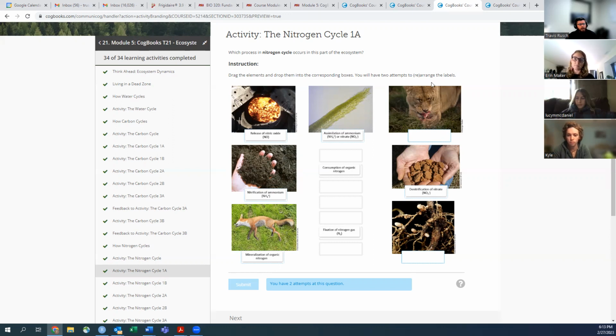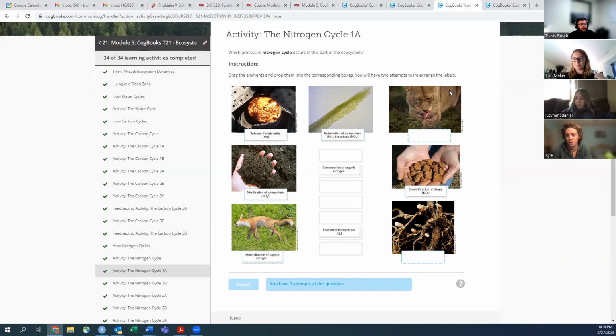So what about this picture right here? What's going on here? That would be consumption of organic nitrogen. Yeah, what's doing the consuming and what's being consumed in the picture? I guess, is that a mountain lion?